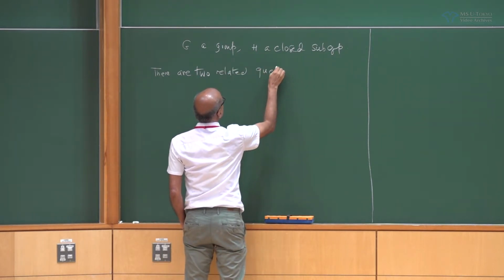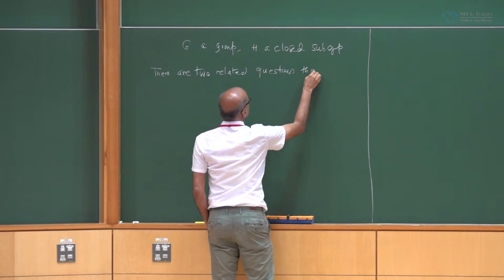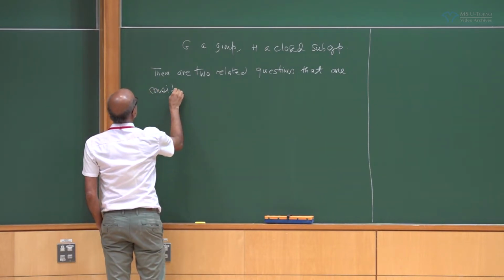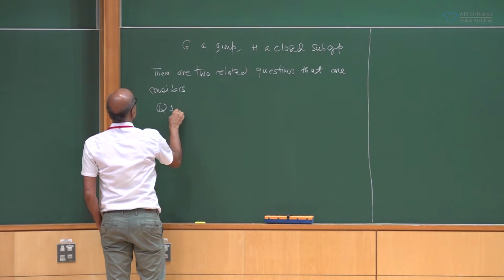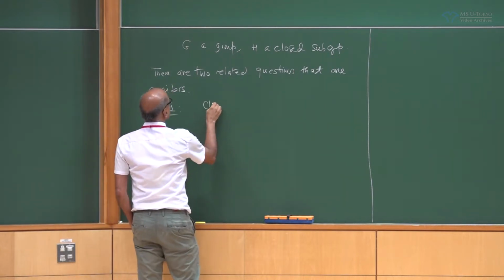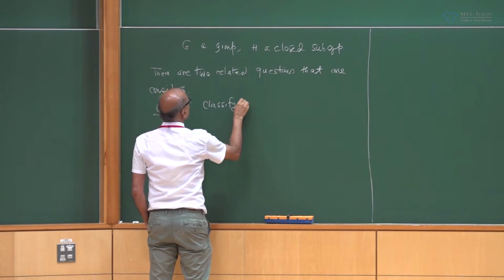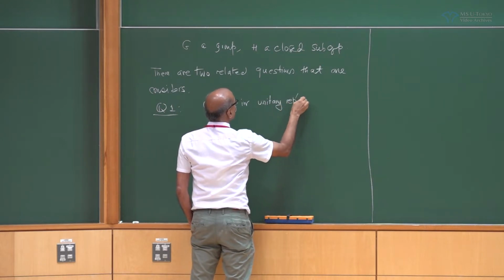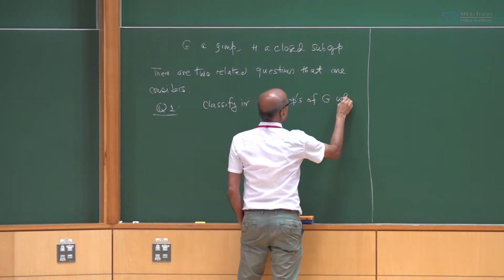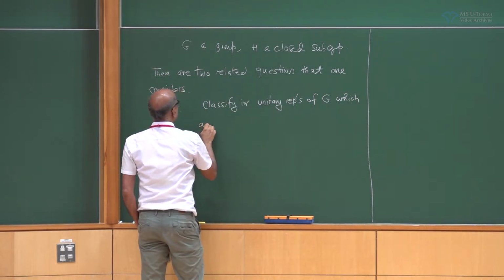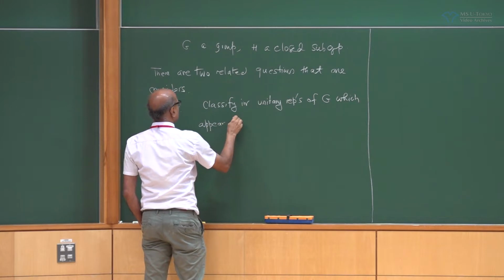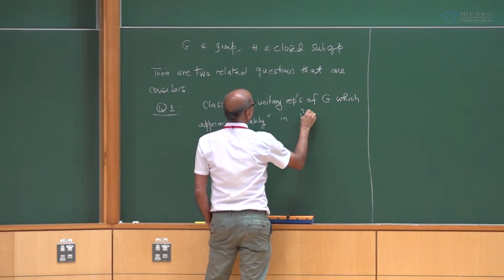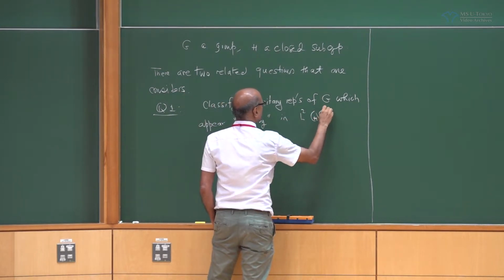Question 1: classify irreducible unitary representations of G which appear weakly in L2 of G mod H.